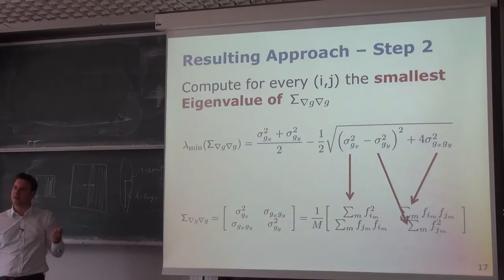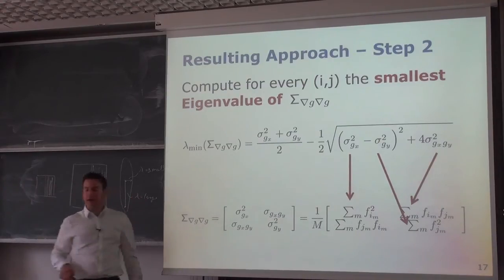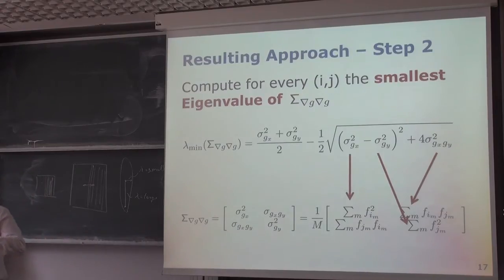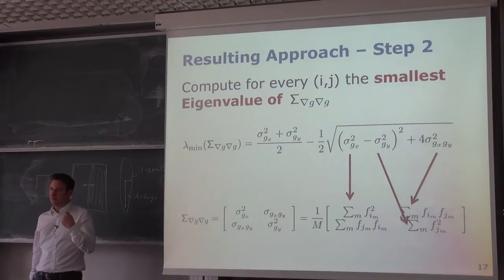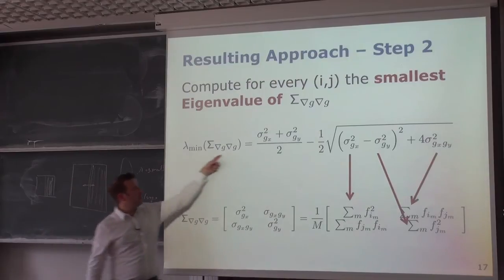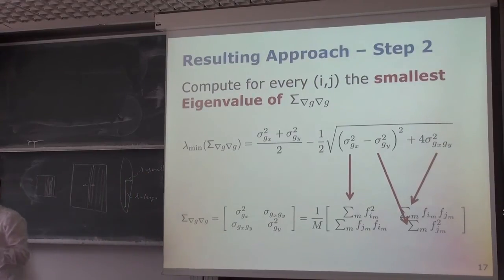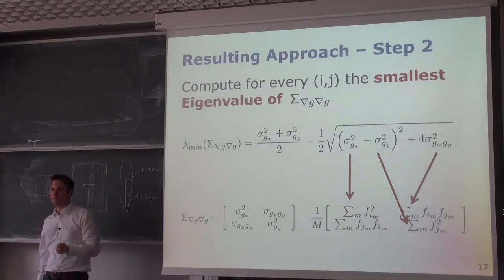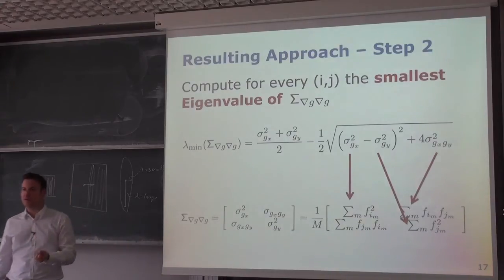What I'm doing here is basically, if I compute the smallest eigenvalue of the gradient, this corresponds to the largest eigenvalue of the shift, and I can simply check the largest eigenvalue with respect to the shift, and then simply use a threshold there. I want to have that the dimension of largest uncertainty should be smaller than, for example, 0.1 pixel or 0.5 pixels. So I compute the smallest eigenvalue of the covariance matrix of the gradients because this gives me an upper bound on the uncertainty of the shift.